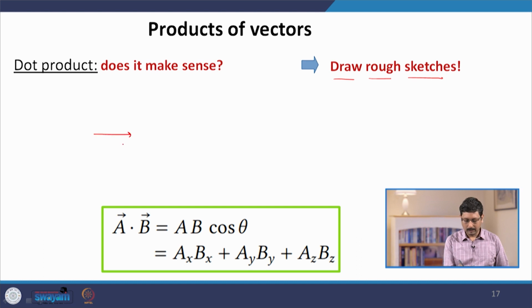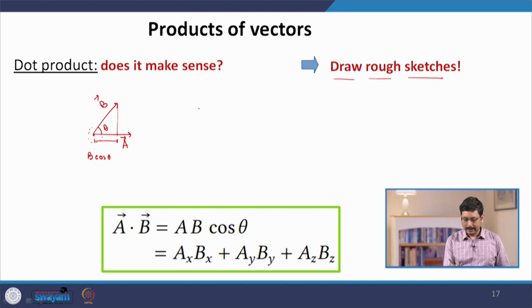Suppose this is my vector A. The length of this arrow represents the magnitude A, and the direction of the arrow is the direction. And suppose this is the vector B, and theta is the angle between the two vectors. Note that there are two angles possible, and by convention we usually take the smaller angle as the angle between two vectors. Now, you drop a perpendicular from B on A, then you see that this piece represents B cos theta.